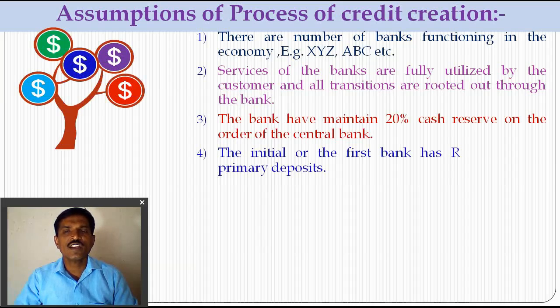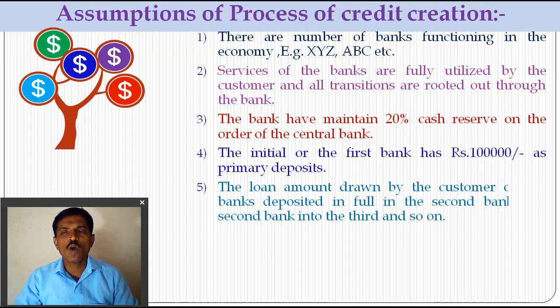The first bank has 1 lakh rupees as primary deposit in its account, and the loan amount drawn by the customer from one bank is fully deposited in the second bank, and then the third bank. Whenever a customer withdraws an amount from a bank, it is fully deposited into another bank.